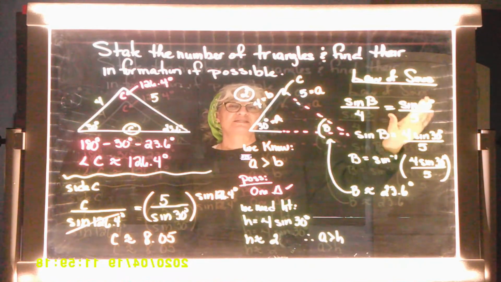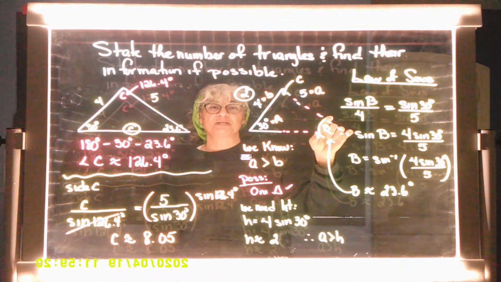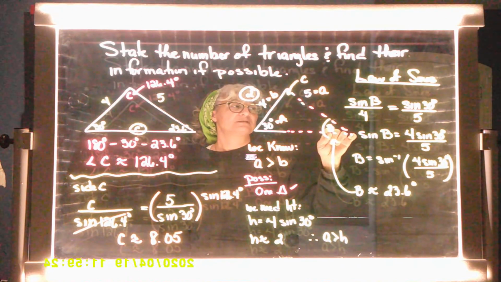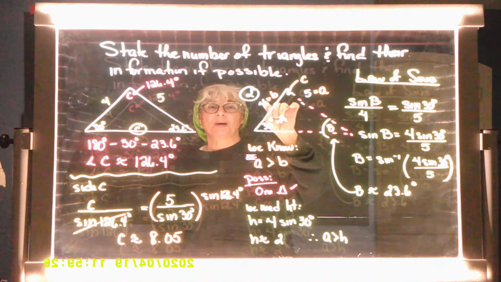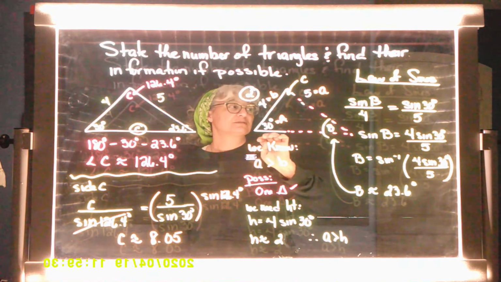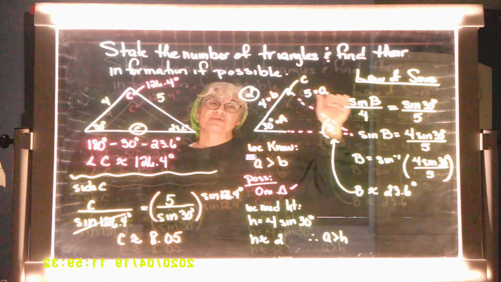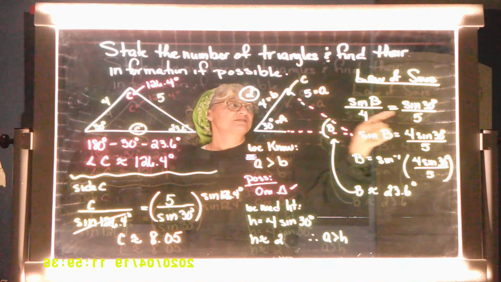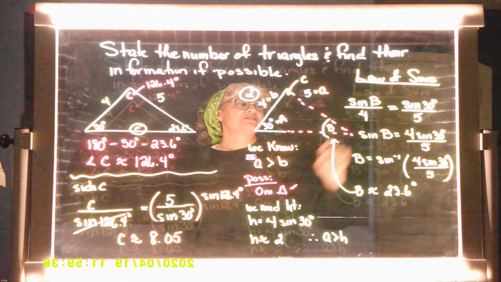Using the law of sines, I was able to find angle B here. So I had to take the sine of angle B and divide it by the side opposite it, which was 4. And I equaled that to the other ratio of sine of 30 degrees over its opposite side of 5.